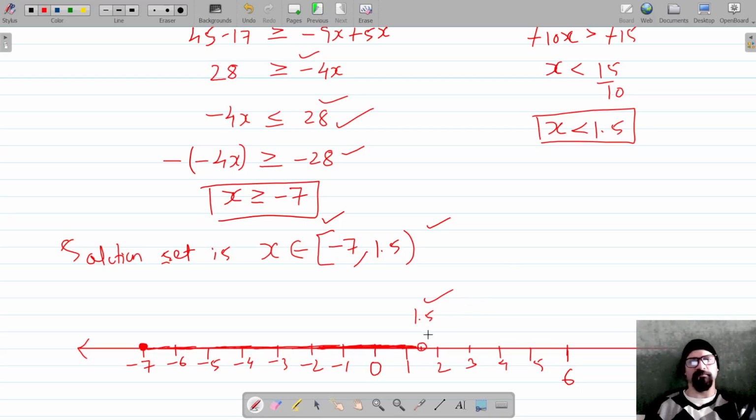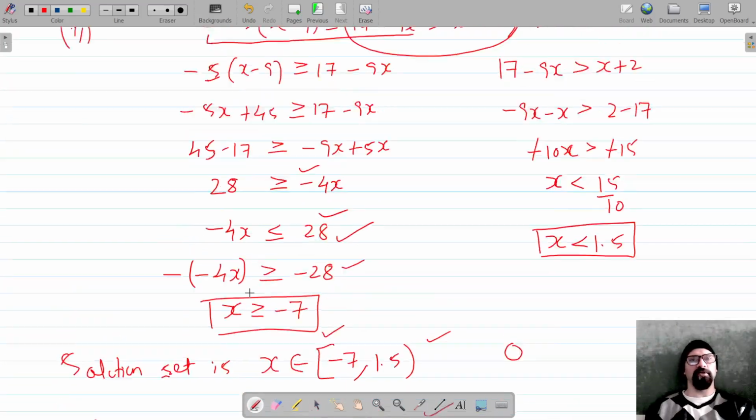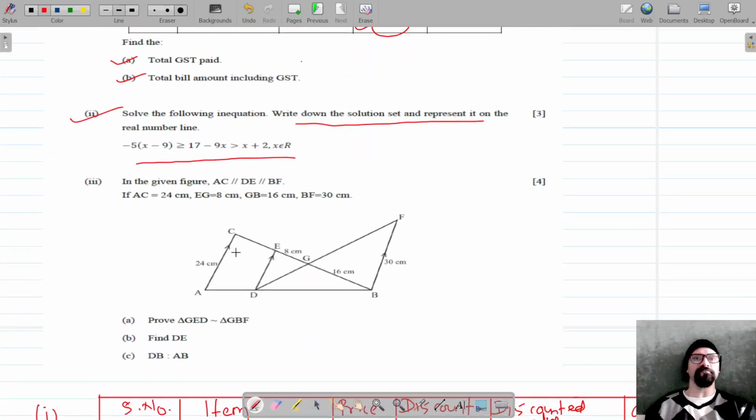We do not have to fill this circle. So this is how we represent the solution set on the number line. So for minus 7, make it a dark circle, make this line dark as well, and for 1.5 just make a circle, do not fill it. So this is the solution set. We are done with the second part.